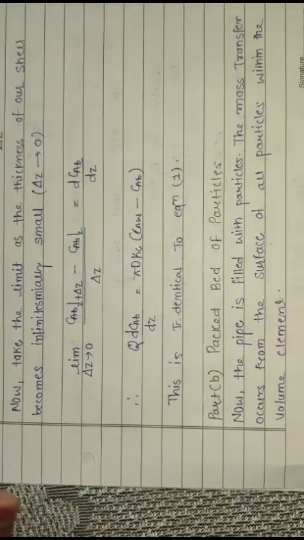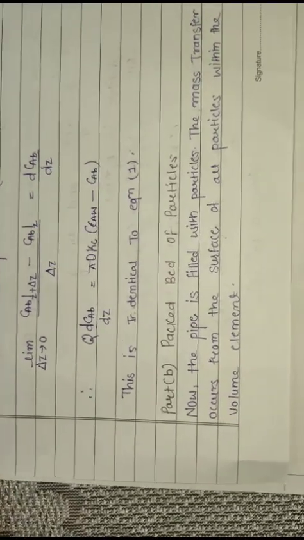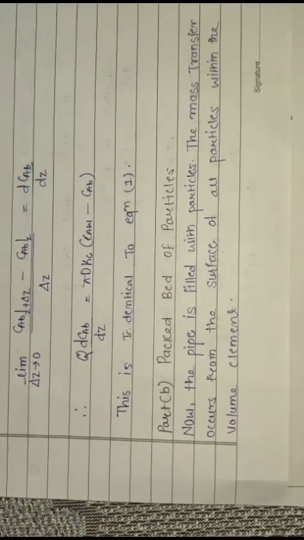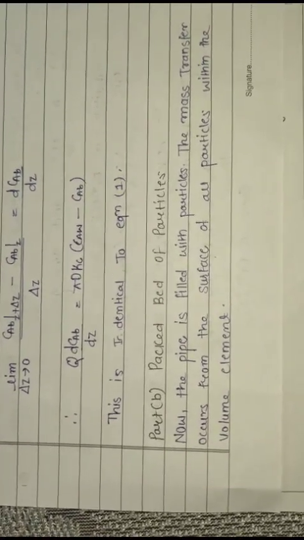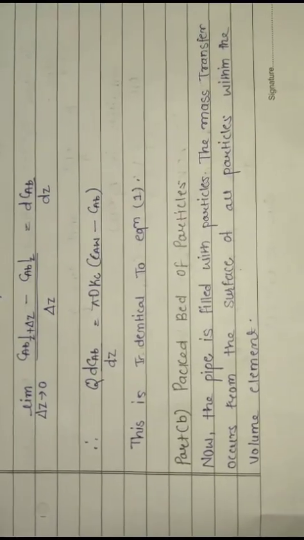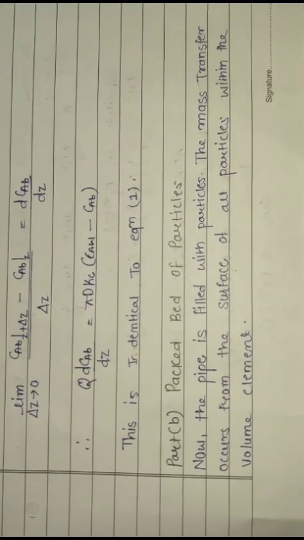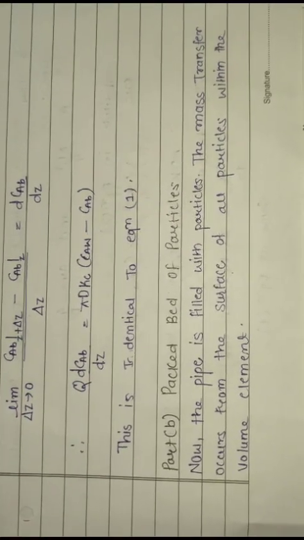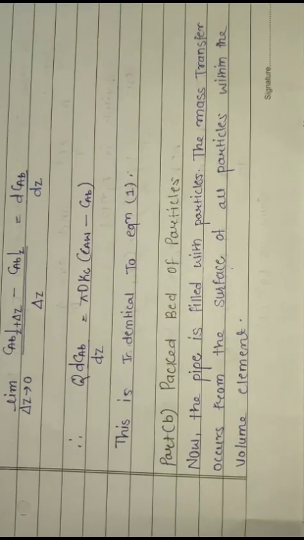Now we will see part B, which is a packed bed of particles. In this, the pipe is filled with particles and the mass transfer occurs from the surface of all the particles within the volume element.